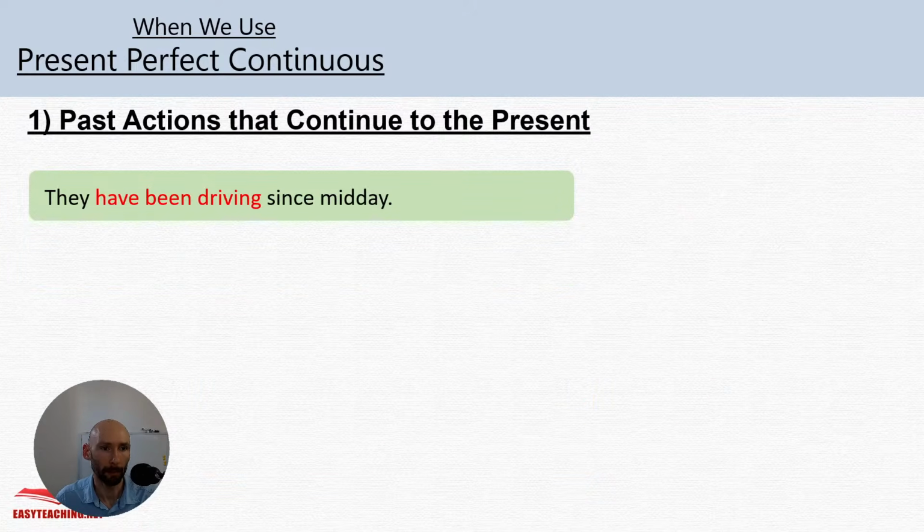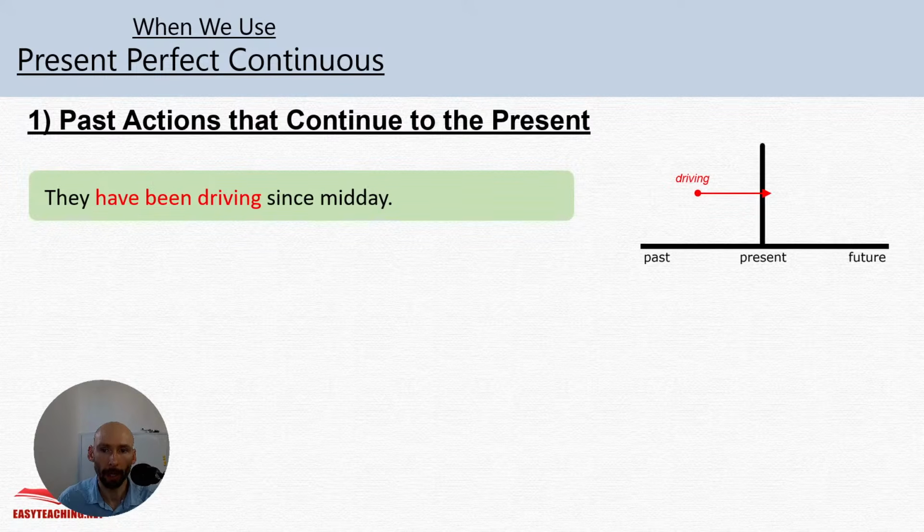Here's another example. They have been driving since midday. The action driving started in the past and is continuing into the present. That means they are still driving. Here's another example. Oh, and we can see a little picture that I've got here. He is still driving in the present.